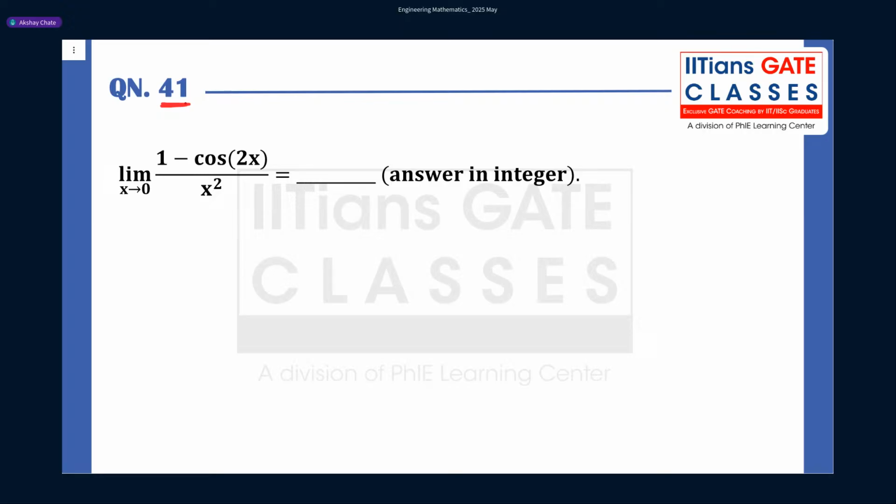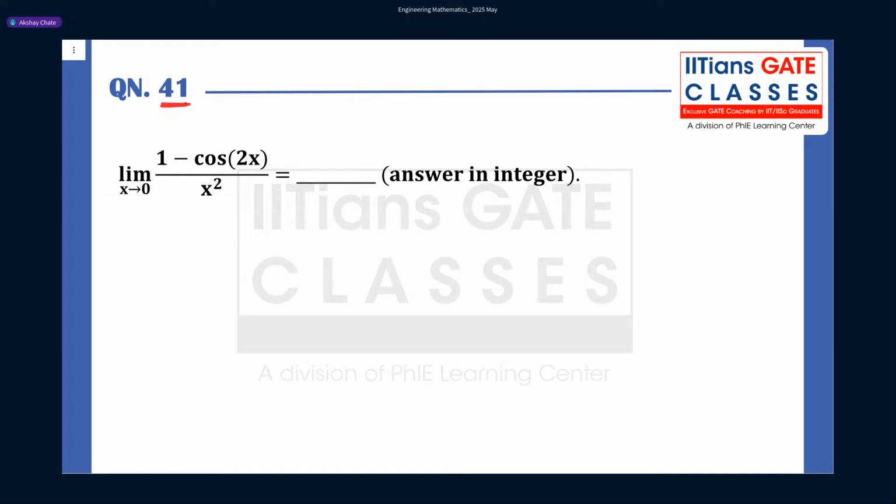So this is also again one question in the limits topic. And to be more specific, it is the application of L'Hospital's rule. Okay. And I've seen multiple times this type of question is asked more frequently in the GATE exam.